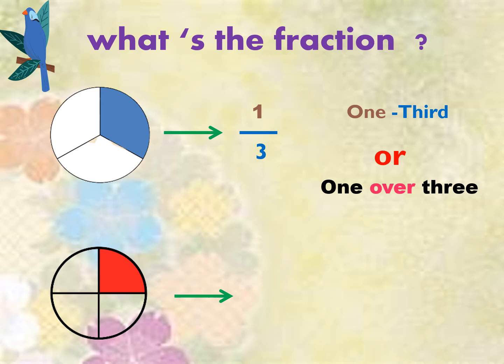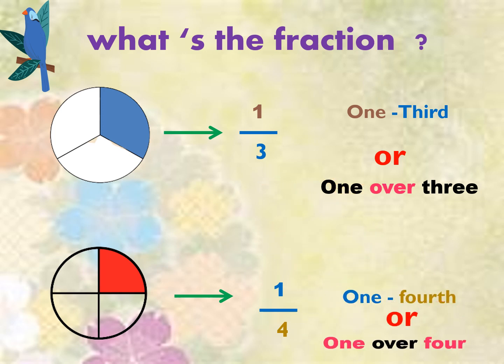So here, how many parts are colored? 1, and the total parts 1, 2, 3, 4. So I will write 1 over 4. And how can I read the fraction? 1/4, or a quarter, or 1 over 4.